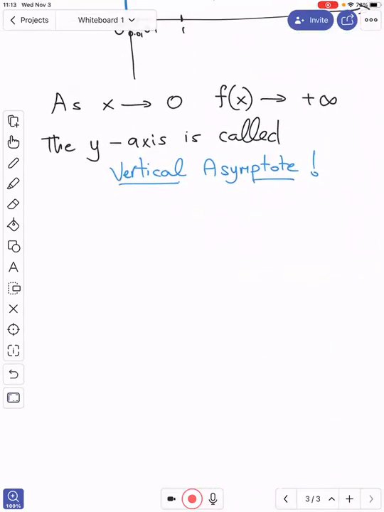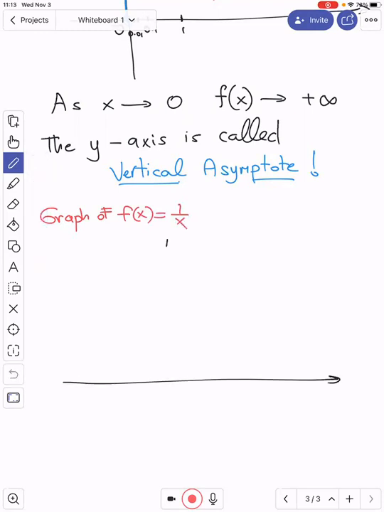Before the definitions of horizontal and vertical asymptote, let me now graph this f. So the graph of f of x equal to 1 over x is going to look something like this. This is supposed to be 0, of course.